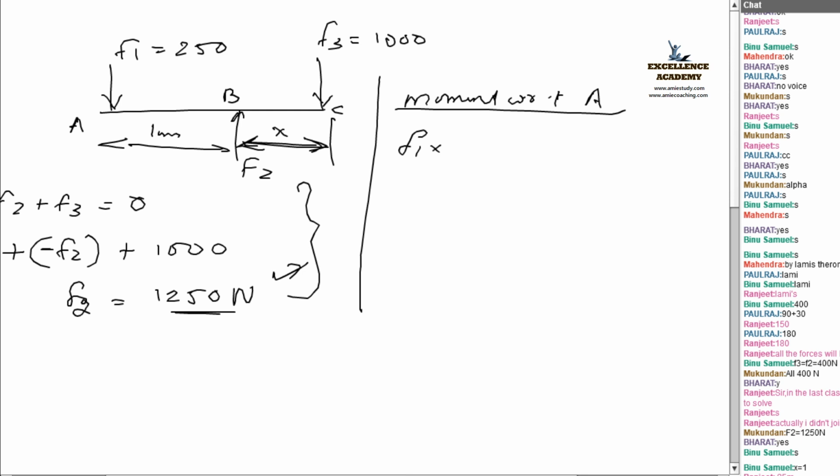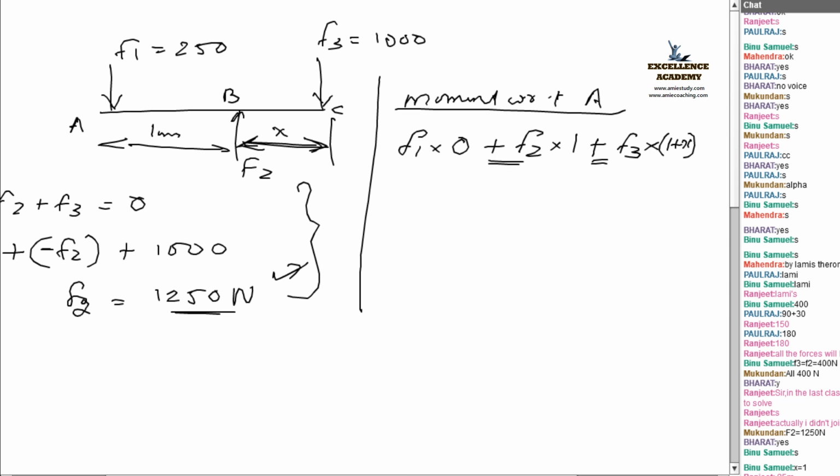Taking the moment with respect to A, F1 into 0. Then the next one, F2 into 1 meter, plus F3 into 1 plus X. Can I write plus?